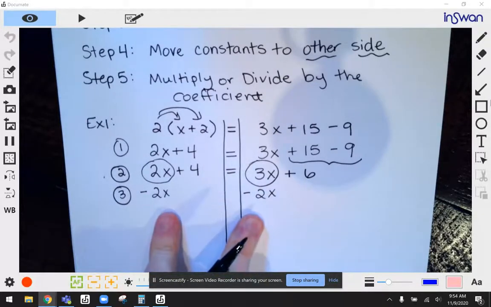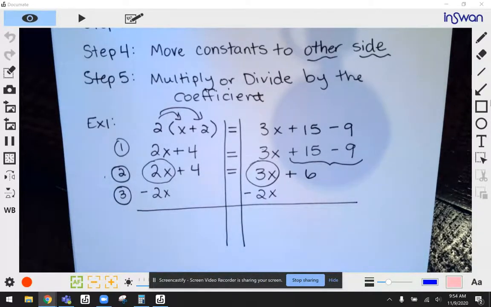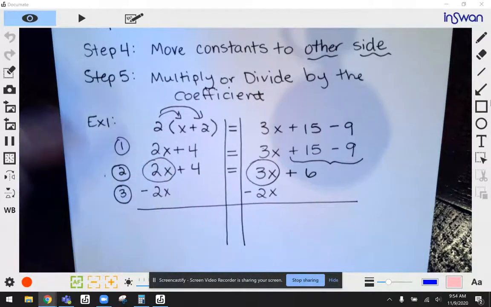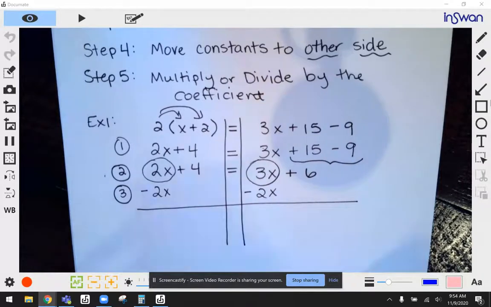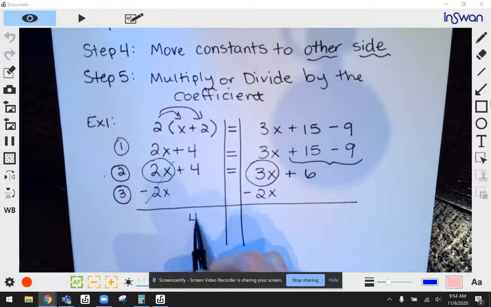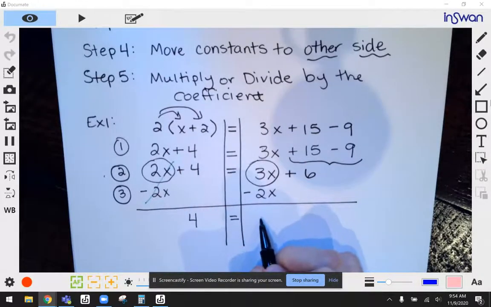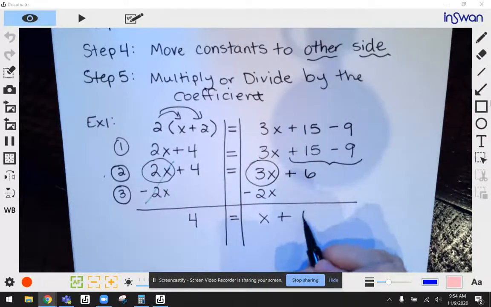Remember, I have to do the same thing to both sides to keep my equation balanced. So when I do that, 2x minus 2x cancels out. So that goes away, right? My 4 stays. 3x minus 2x is 1x, or just x, and I bring down my plus 6.